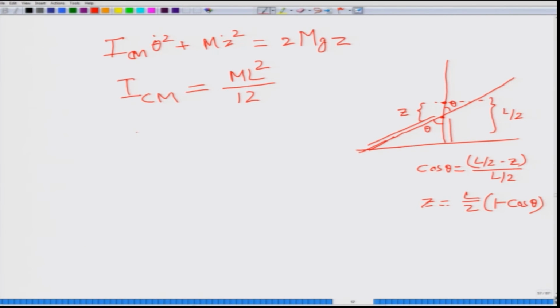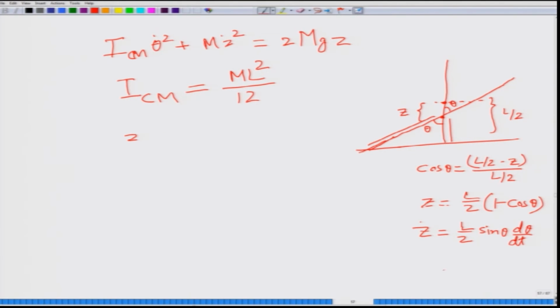So from here let's take its derivative, then z dot is equal to L by 2, derivative of cos theta will be minus sin theta, so I will remove the minus here, and theta is a function of time, because as time passes this theta varies, so we have to take its derivative.